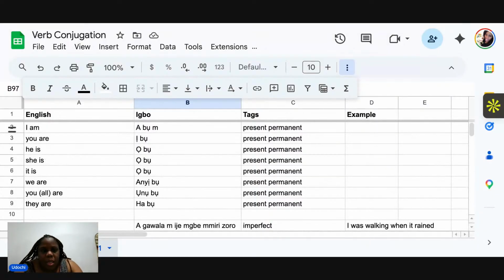Okay. I'm basically stuck, because I'm getting to a place where I'm not able to conjugate right.